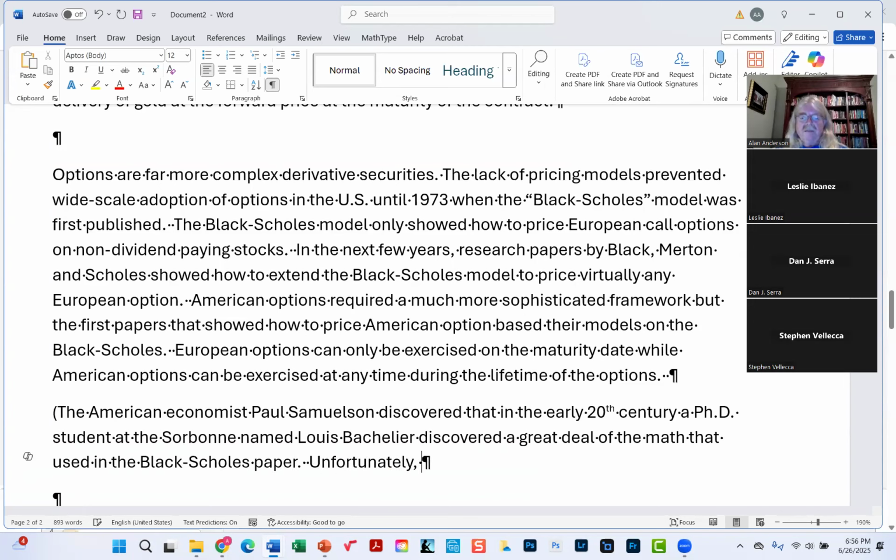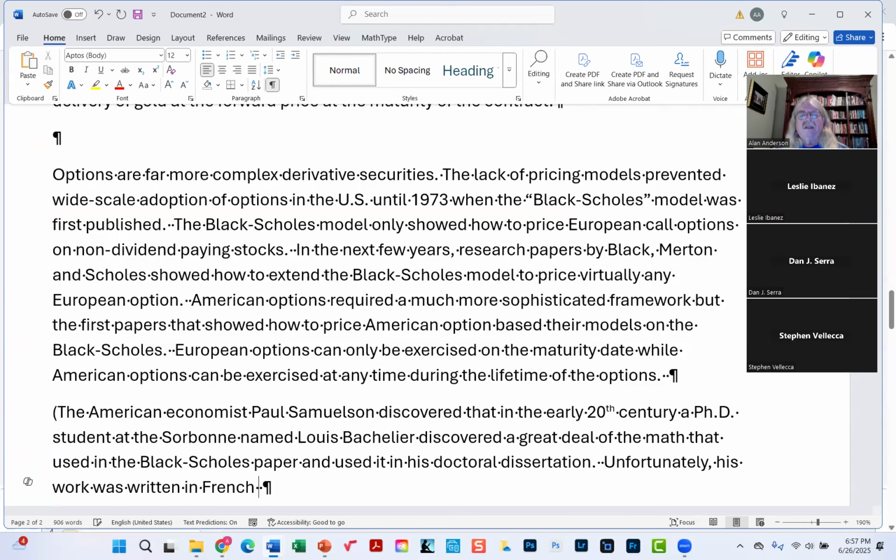Unfortunately, his work, which was his doctoral dissertation, was written in French. Well, I mean, you would expect that in France, of course, but it was not translated into English until many decades later, after he'd already died.